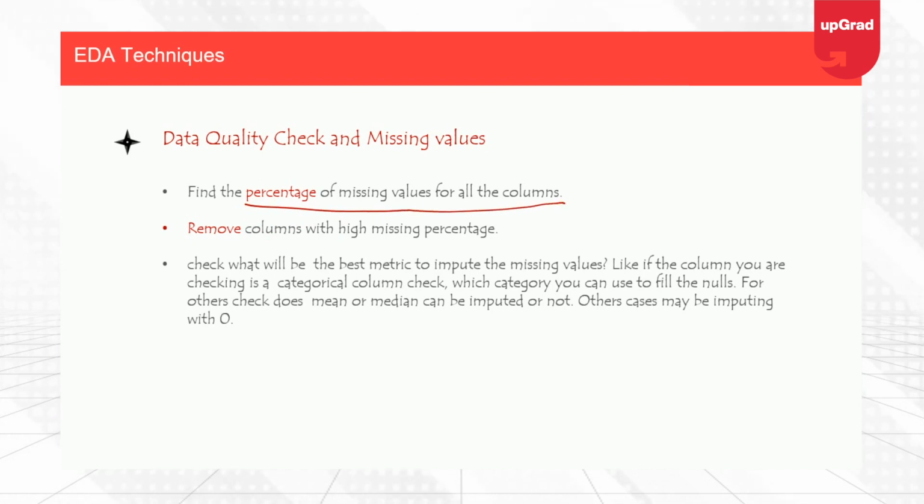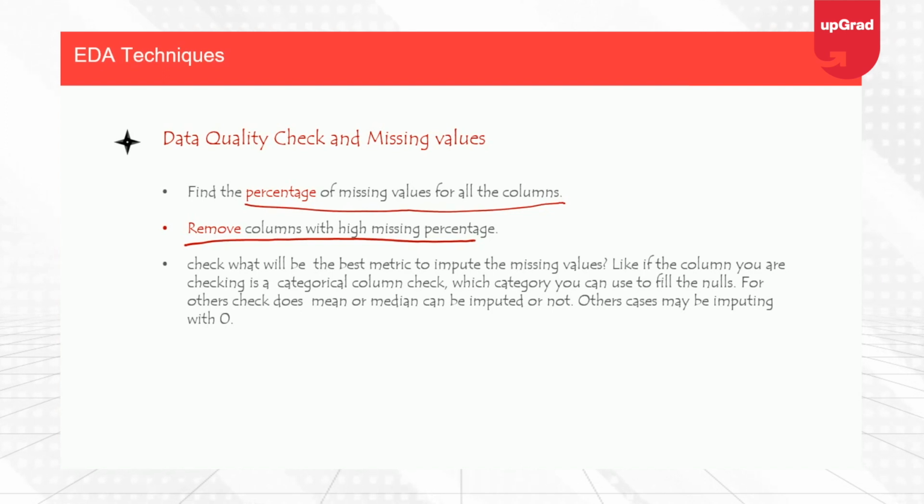So we are supposed to observe which columns are having less percentage of missing values and which columns are having high percentage of missing values. If there is any column with high percentage of missing values, based on the relevancy of the column, we can either include it or mostly we can remove it from the data frame or from the data, so that we only work with the relevant features or relevant attributes in the given data frame or in the data set.